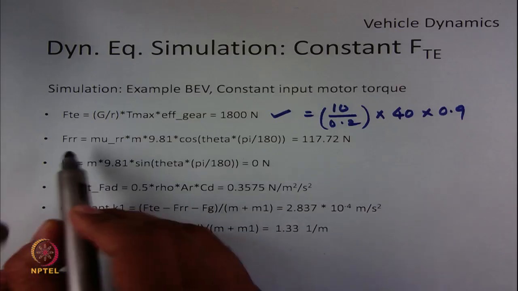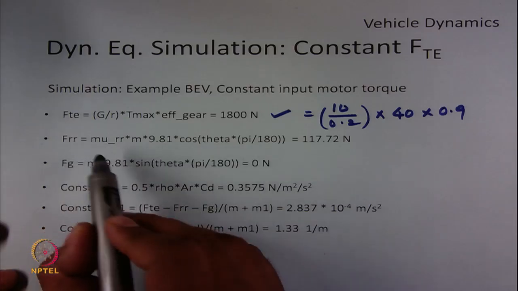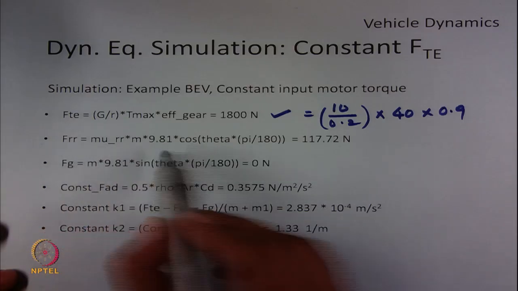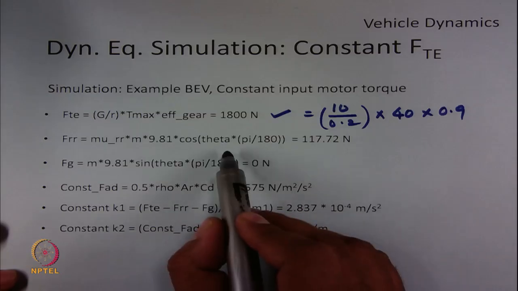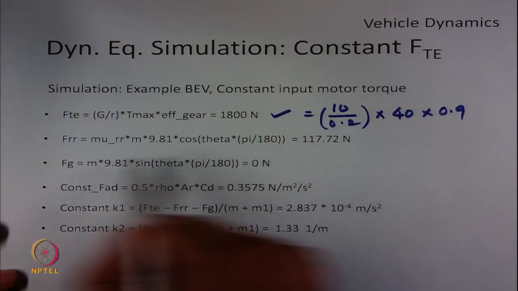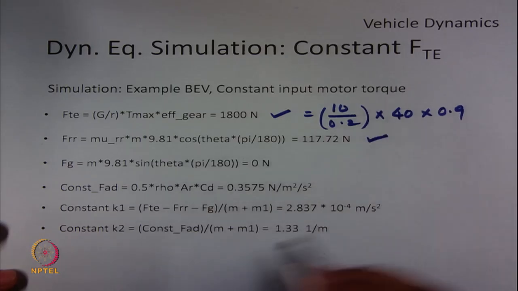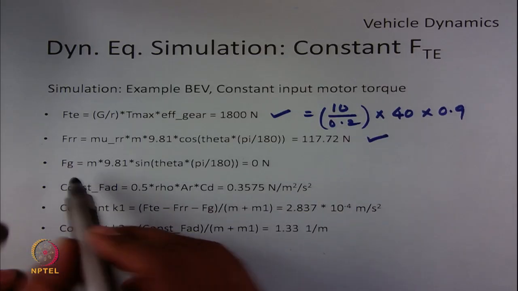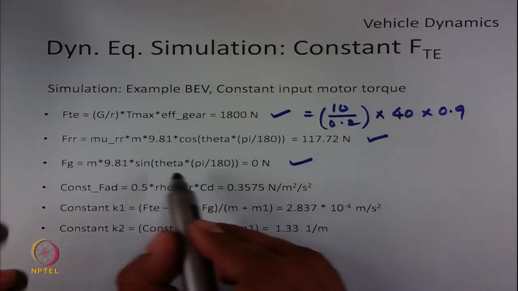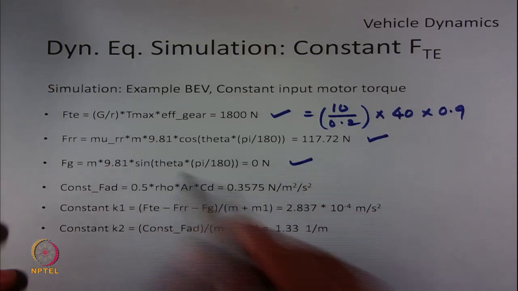Similarly, we can also calculate the force required for rolling resistance force, which is mu RR into mg cos of theta. So, cos theta is 1, therefore, this is coming to be 117.72 Newton. The force due to gradient will be 0 because the theta what we have assumed is 0 degrees.